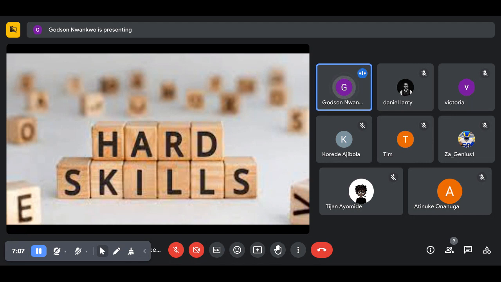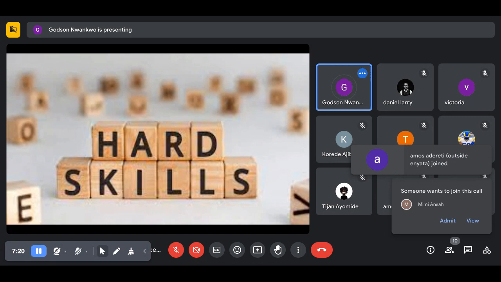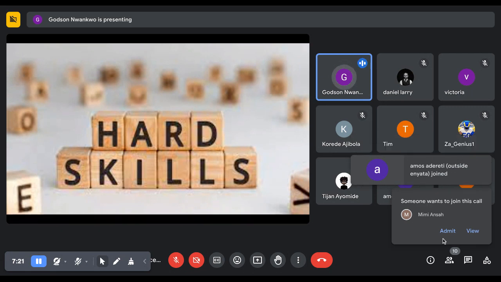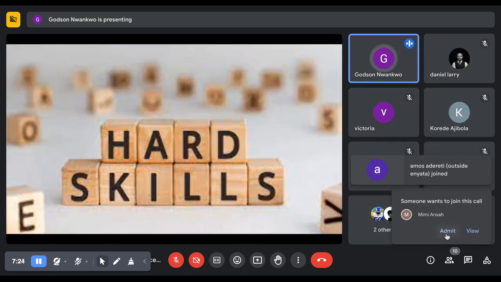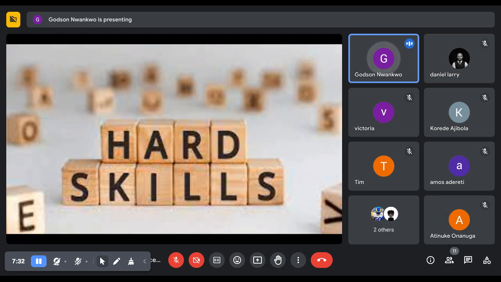Let me use a practical example of the automation aspect. For you to be a good automation QA engineer, you have to be conversant with some frameworks, some languages and some tools.